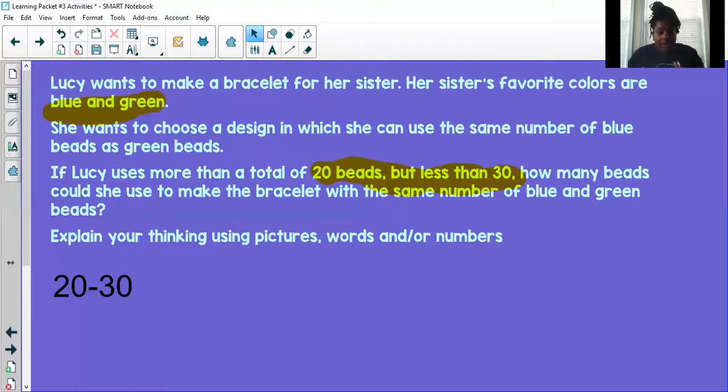So let me stop my share and move to the different video. So now I'm going to draw 24 beads because 24 is a good number.